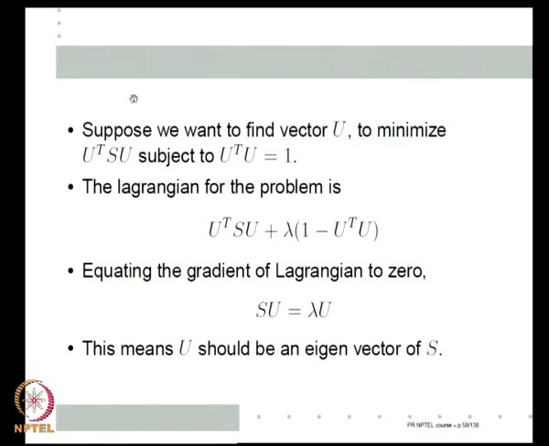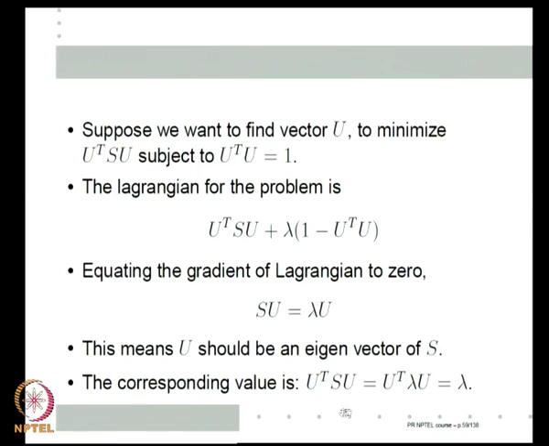So, if I want to minimize u transpose S u subject to u transpose u equal to 1, then u has to be an eigenvector. Which eigenvector? We can actually plug this eigenvector property into our objective function. If I take u to be any eigenvector, what is the value of my objective function? u transpose S u is nothing but u transpose lambda u, and u transpose u is 1.